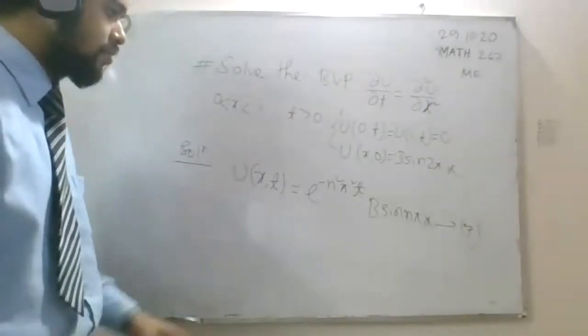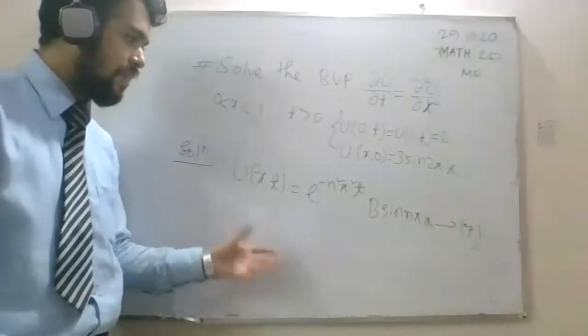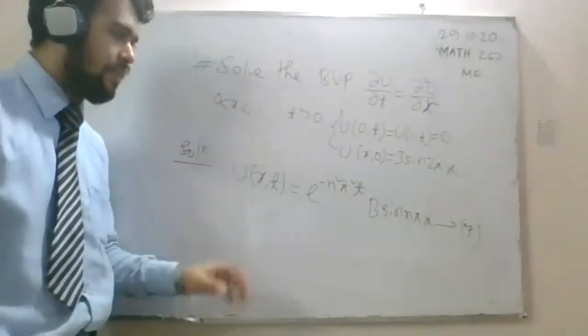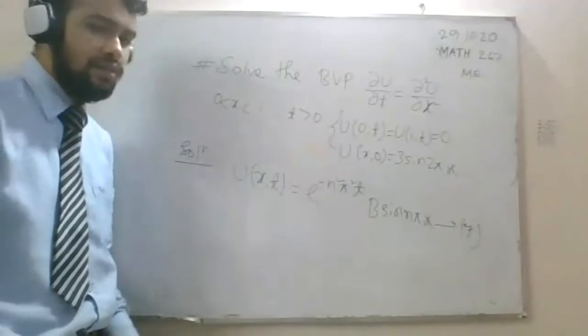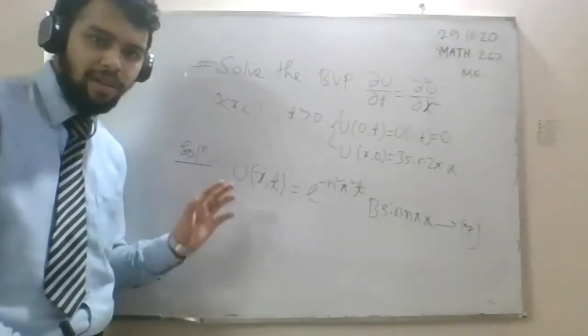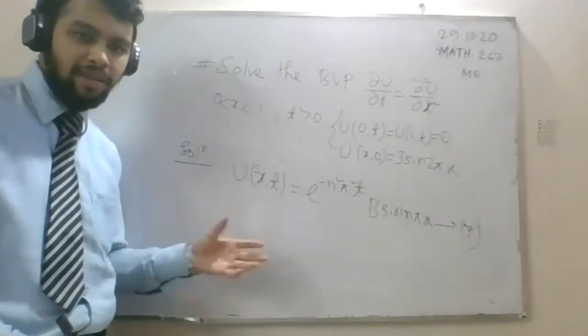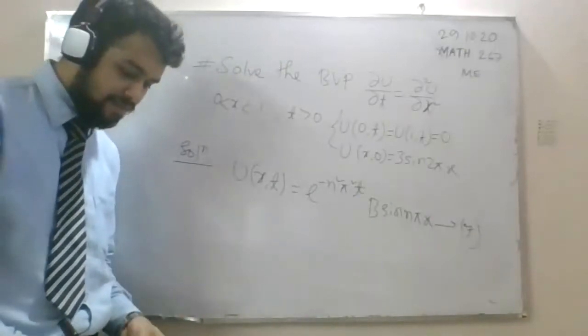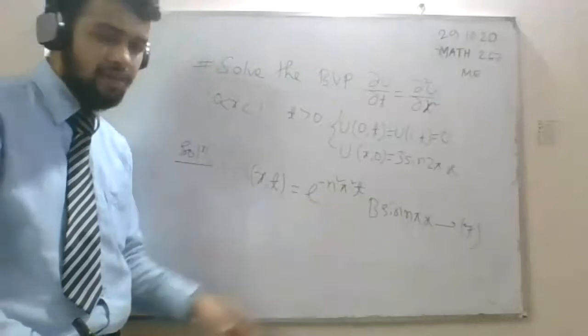Now we have to find the values of b and n from here by using this boundary condition, and here you have to use this superposition principle. That means you have to use other values of n1 and b1 also.